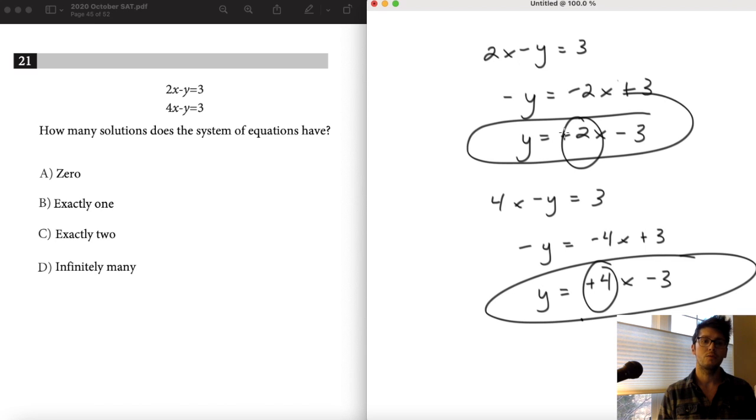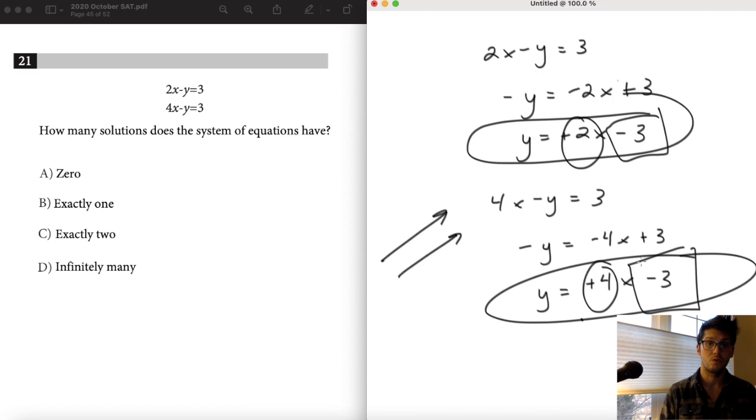How would we have 0 solutions? Well, if we had exactly the same slope, we would have parallel lines, right? If the y-intercepts are different and you have the same slopes, then you would have parallel lines. If you have the same y-intercept like this question has, and the same slopes, then you don't have two separate lines.